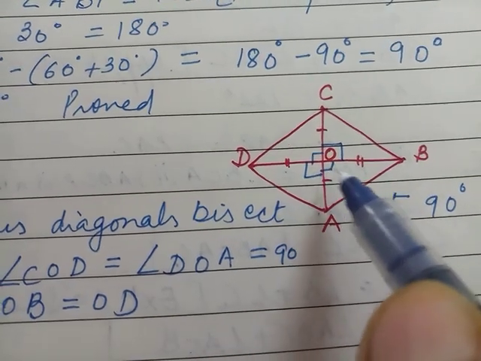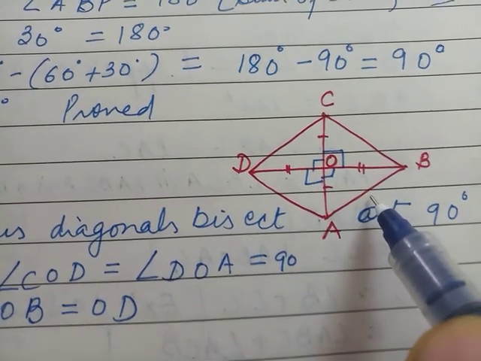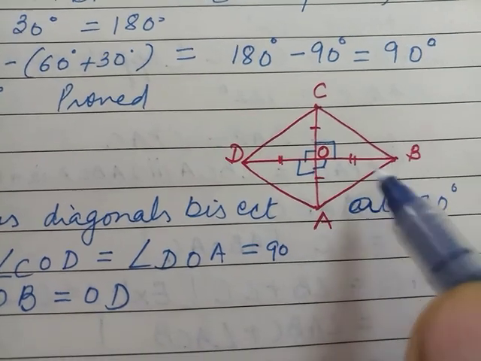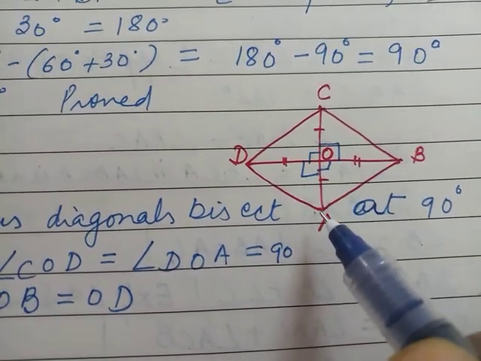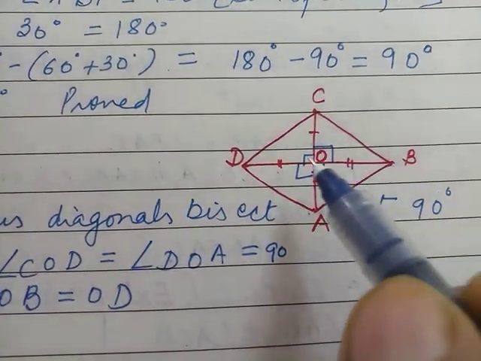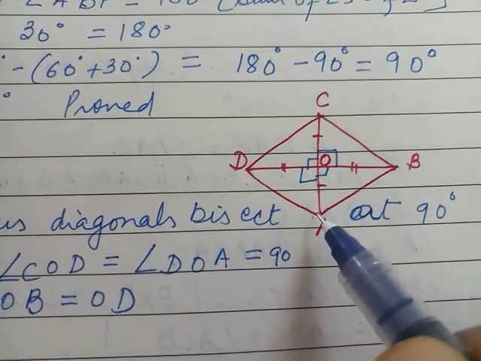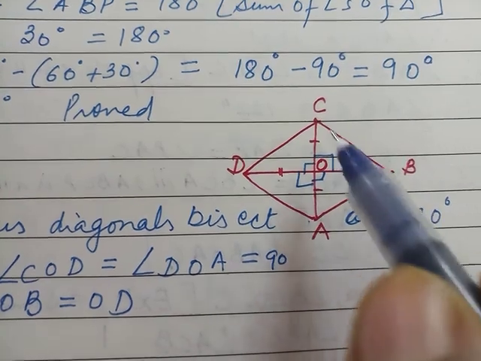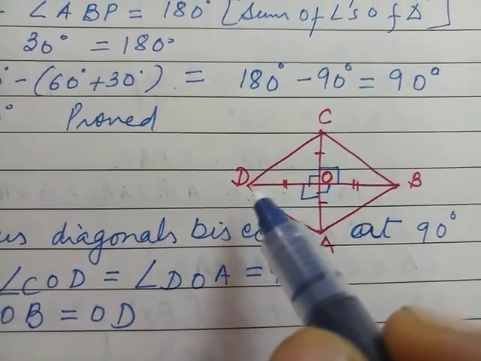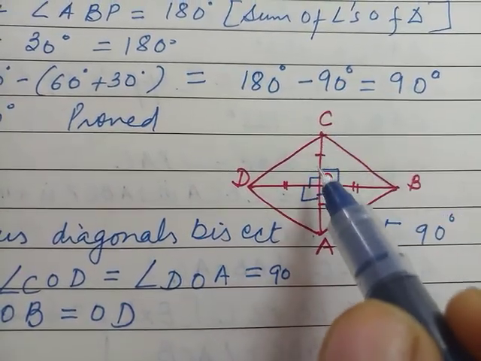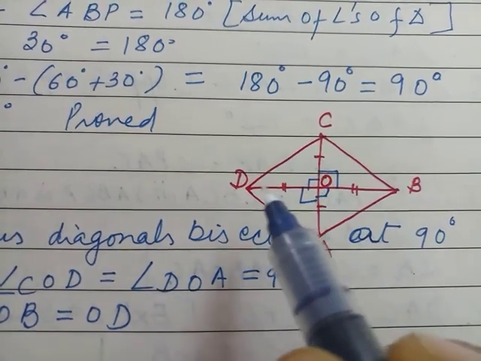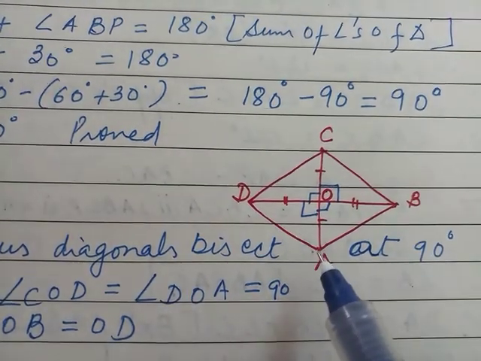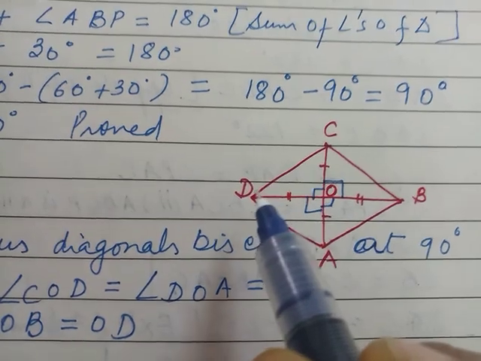This angle is 90 degrees. The side opposite to 90 is the hypotenuse, whose square is equal to the sum of the squares of the remaining two sides. So AB square is equal to OB square plus OA square. Similarly, BC square is equal to OB square plus OC square. Similarly, CD square is equal to OC square plus OD square. And in the same way AD square is equal to OA square plus OD square.